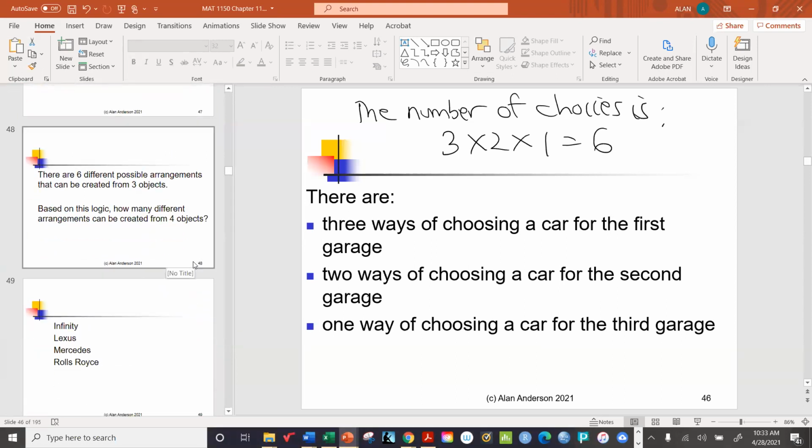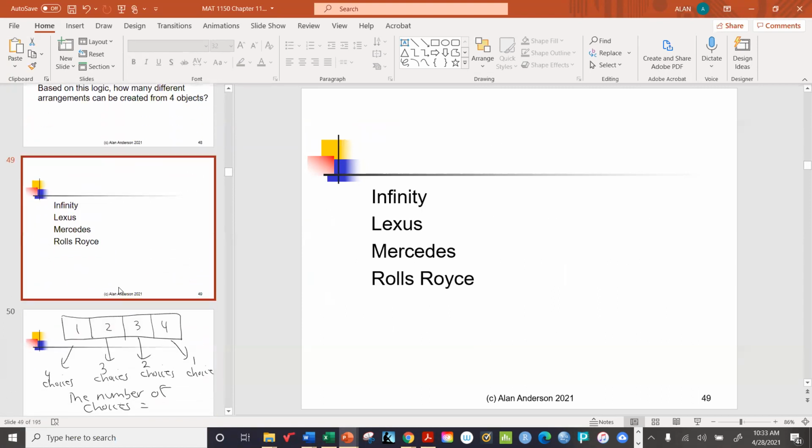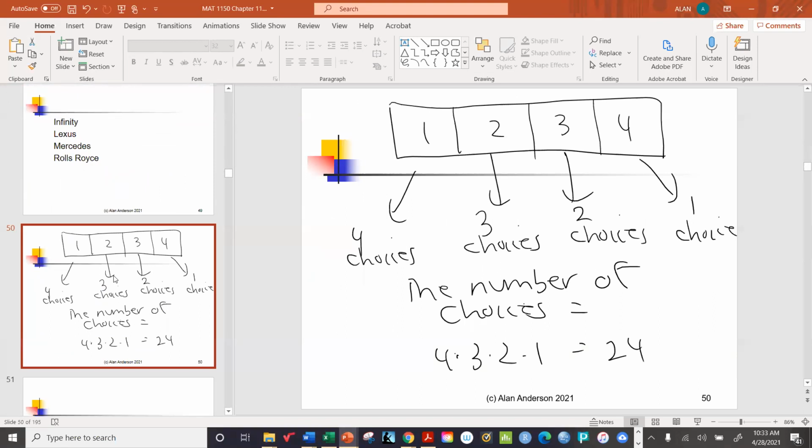Oh, by the way, before I introduce that to you, what if I moved into a bigger house with a 4th garage and I bought a 4th car? How many choices would I have then? Well, rather than writing them all out, let me remind you that for the first garage, there are 4 cars to choose from.